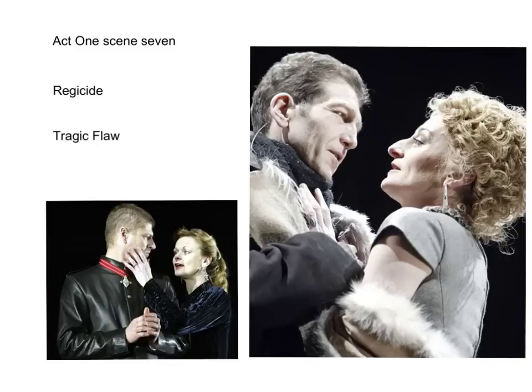But he does seem to be thinking about it a lot, and it's kind of a creepy little moment. And it's at the end that we see his tragic flaw when he says, vaulting ambition. And it becomes clear from this point that ambition is going to be Macbeth's tragic flaw. So keep that in mind.